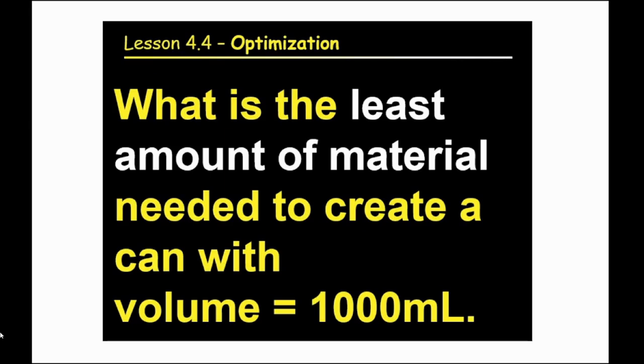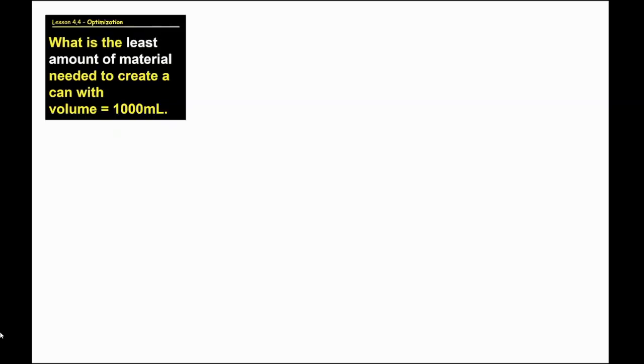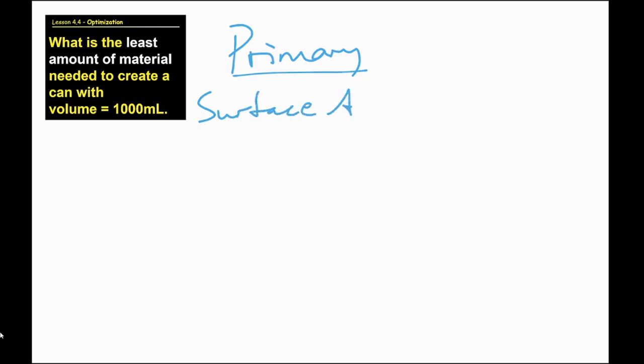So wait a minute, we need a surface area equation for our primary equation. So anytime you go through this process, the first thing to do is to identify what it is you're trying to optimize. But then you're going to quickly realize that the next thing to do is to come up with an actual equation for that surface area.